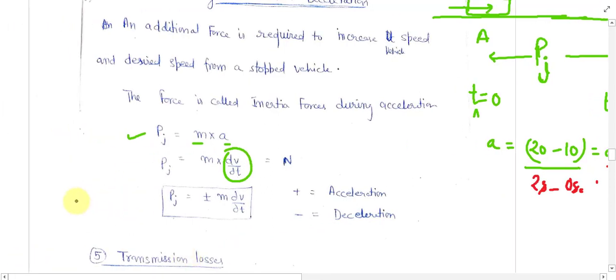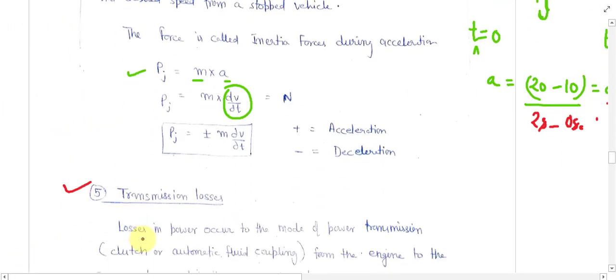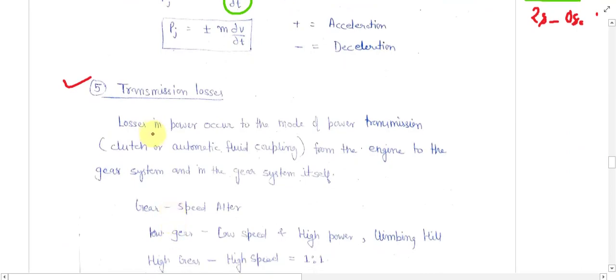The last one is transmission losses. Losses in power occur due to the mode of power transmission, like clutch or automatic fluid coupling, from the engine to the gear system and in the gear system itself.